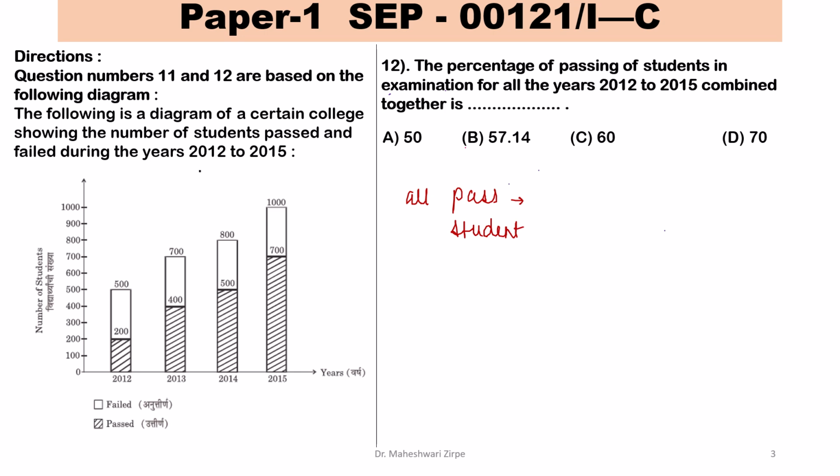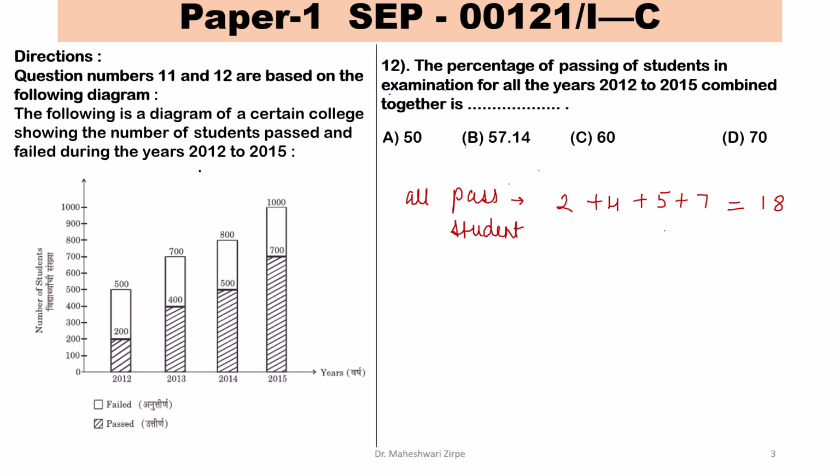That is 2 for the first year 2012, then 4 plus 5 plus 7. If you find out the total, it comes out to be 6 plus 7 is 13, plus 5 is 18. So in ratio the pass ratio of the students is 18.